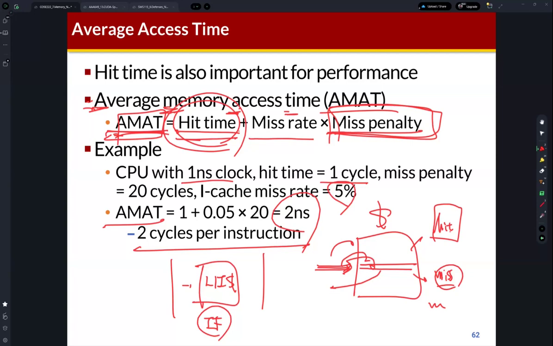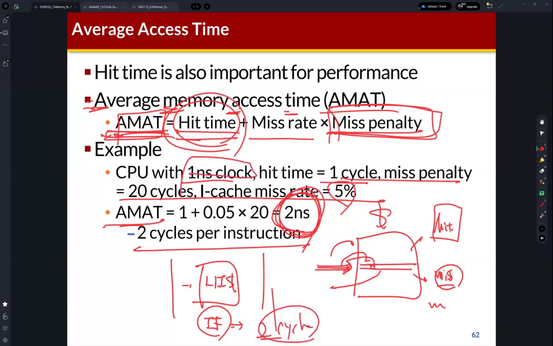But if we consider the average memory access time of the instruction cache, the AMAT becomes 2 nanoseconds, which means just 2 cycles, because it's a clock cycle.